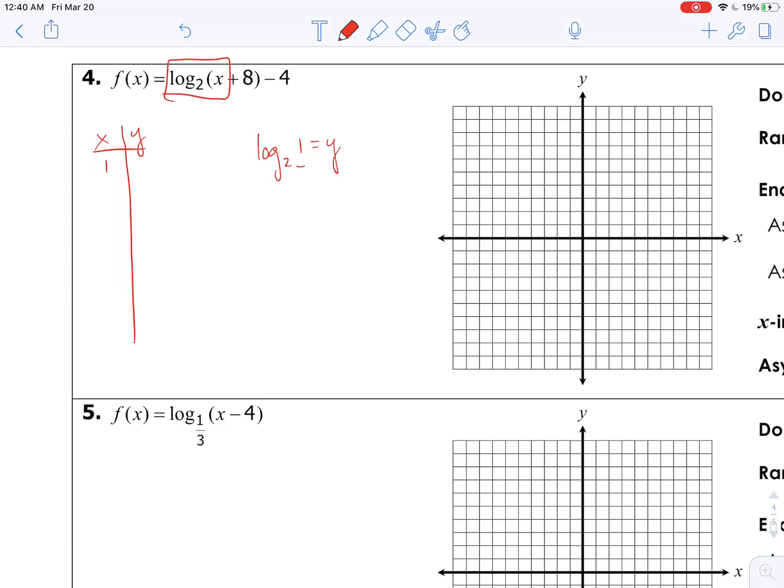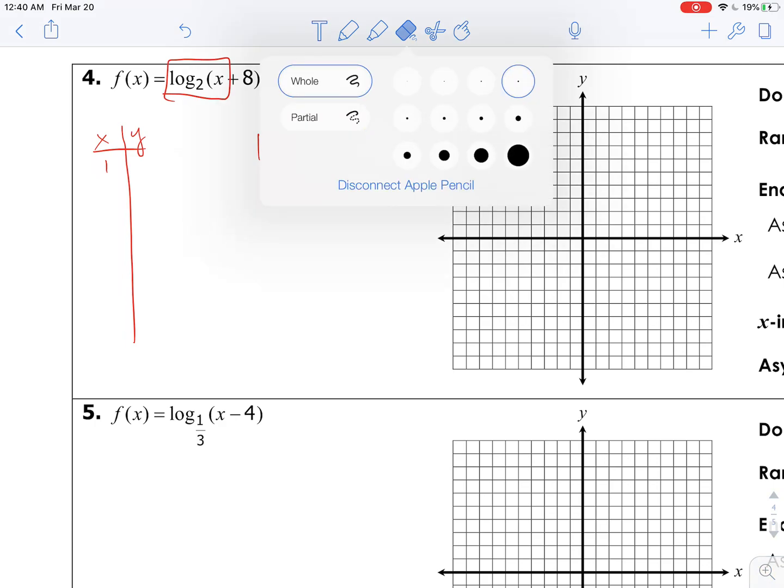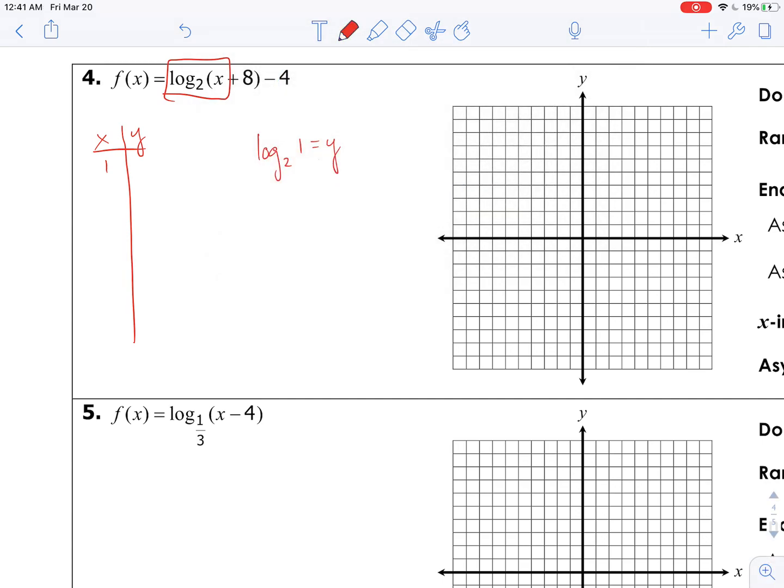So 2 to what power is getting me 1? 2 to what power would get me 2? 2 to what power gets me 4? And again, we always want to do multiples of 2 or powers of 2.